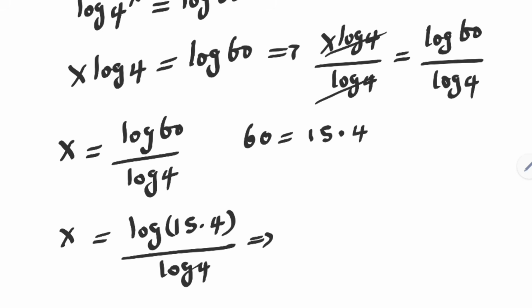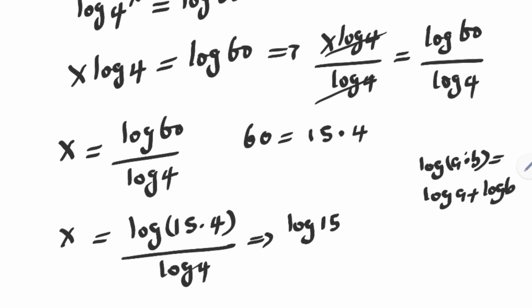This can be written as, if you have log a multiplied by b, this is equal to log a plus log b. So this is log 15 plus log 4 divided by log 4.